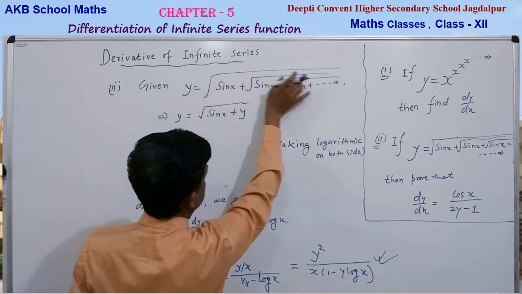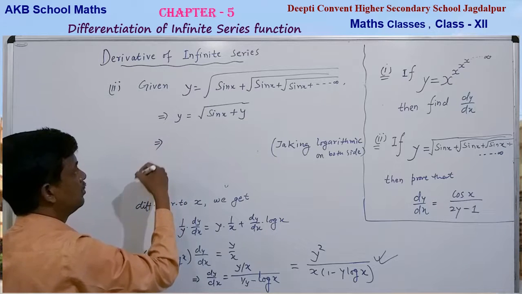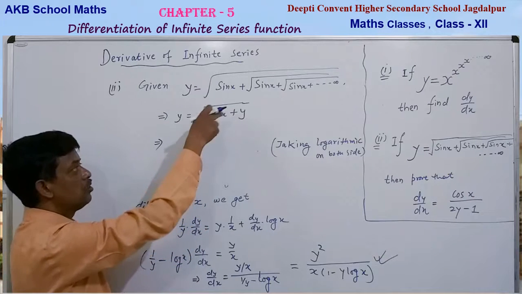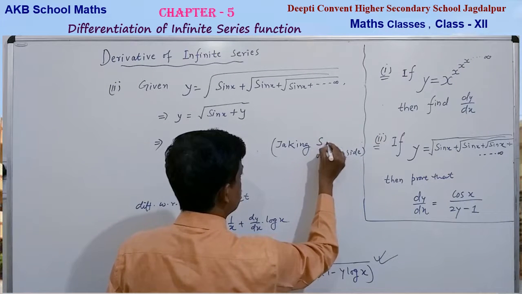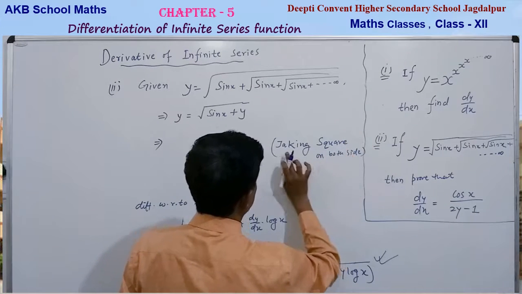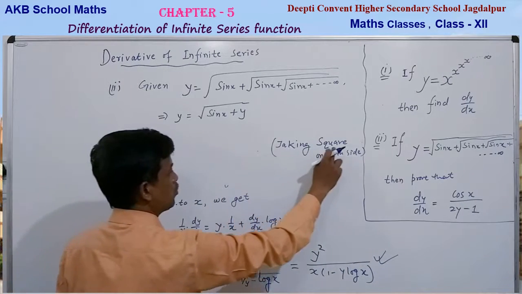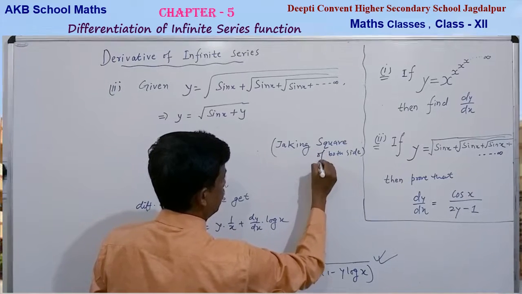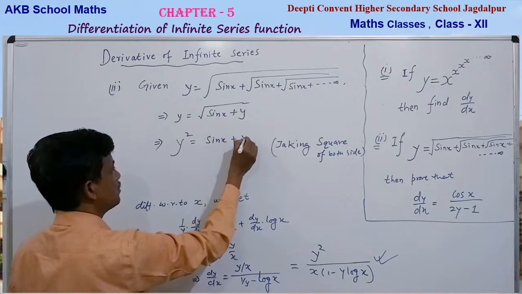Removing this, in place of this whole part we can write y. So for finding the derivative, taking square on both sides, y square equals sin x plus y.